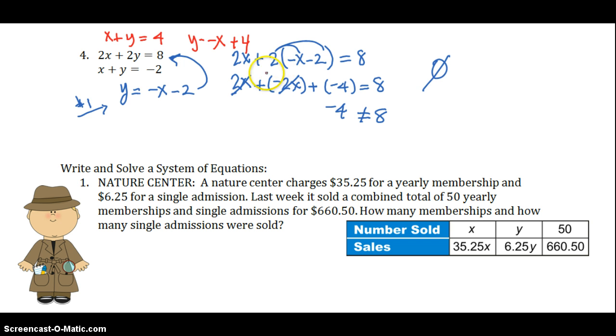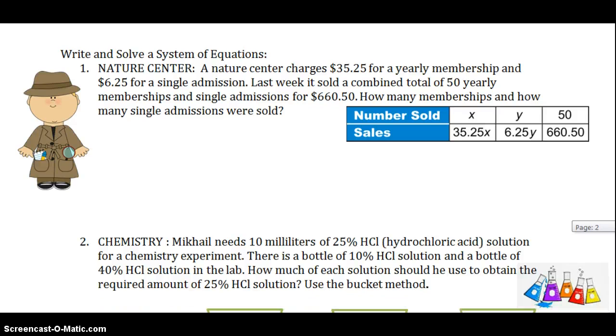My screen went blank, but I got it back. So I'm back to y equals -x plus 4. What's my slope? -1. What's my slope? -1. So they're parallel lines. But where do they meet? They will not ever meet. There's no solution to that system of equations.